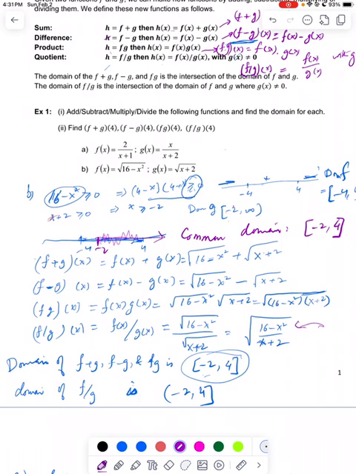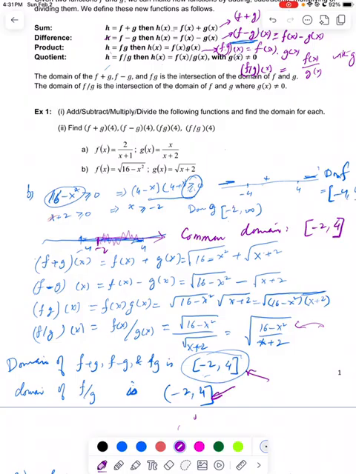Yes, it is. So it means we have to throw that away. So the domain of f over g will be this one. So this is the domain for f plus g, f minus g, f g, and the one over here, in which we just throw away -2 and everything else is there, will be the domain of your f over g.